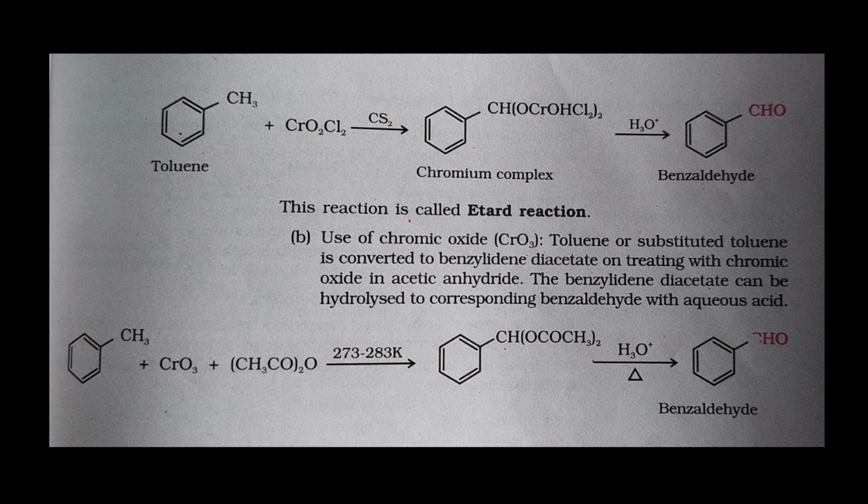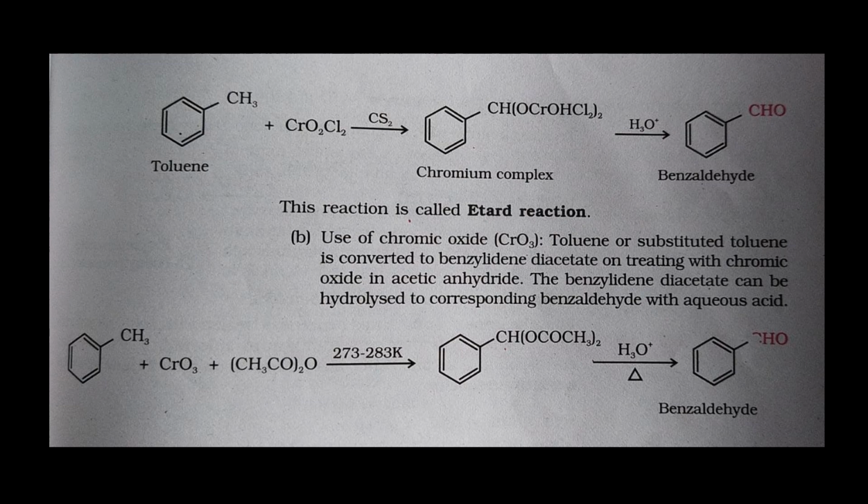The second one is the use of chromium oxide, CrO3. Toluene or substituted toluene is converted to benzaldehyde diacetate on treating with chromic oxide in acetic anhydride. The benzaldehyde diacetate can be hydrolyzed to the corresponding benzaldehyde with aqueous acid.